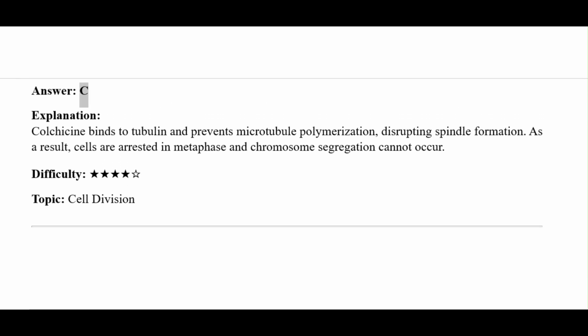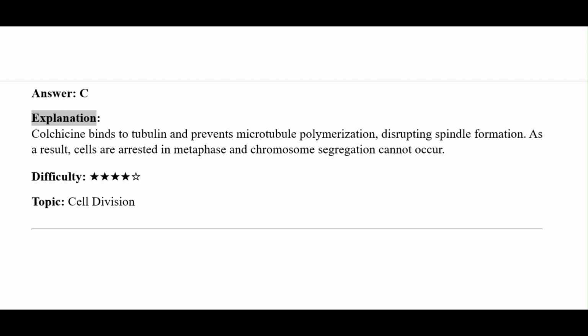Answer: C. Explanation: colchicine binds to tubulin and prevents microtubule polymerization, disrupting spindle formation. As a result, cells are arrested in metaphase and chromosome segregation cannot occur.